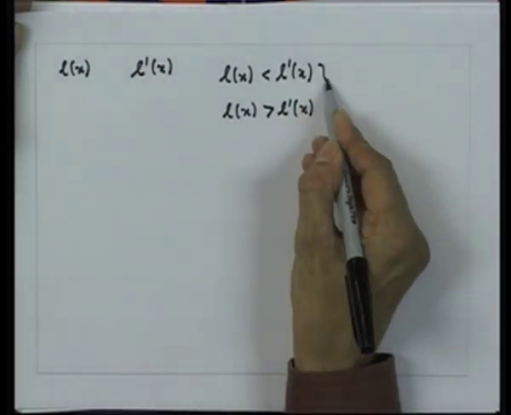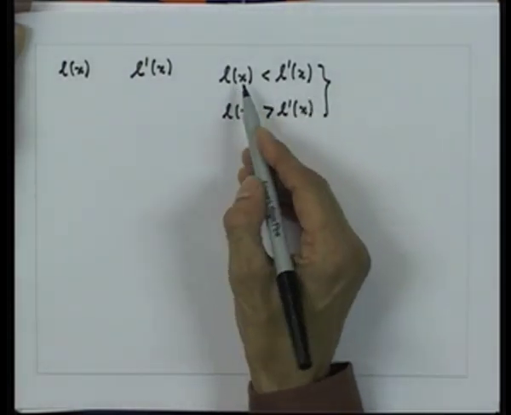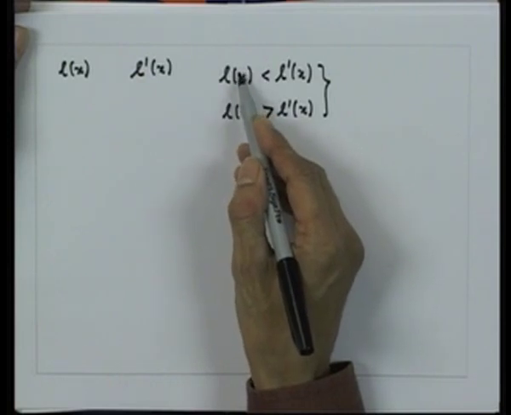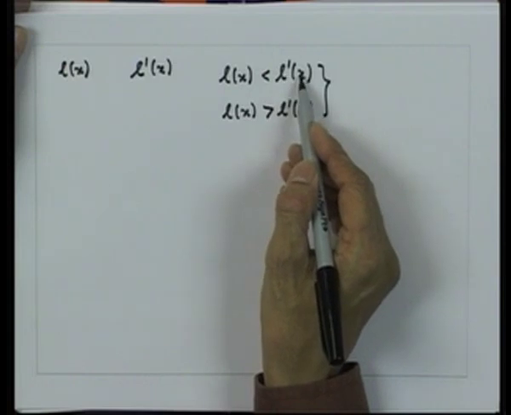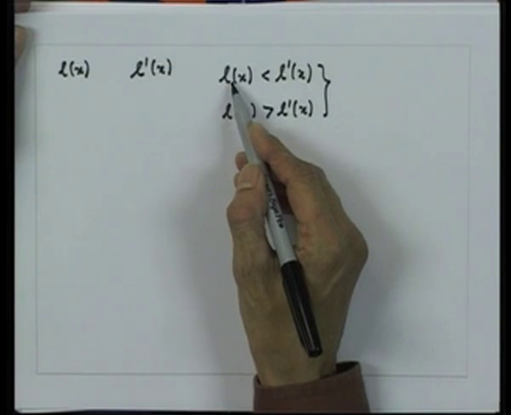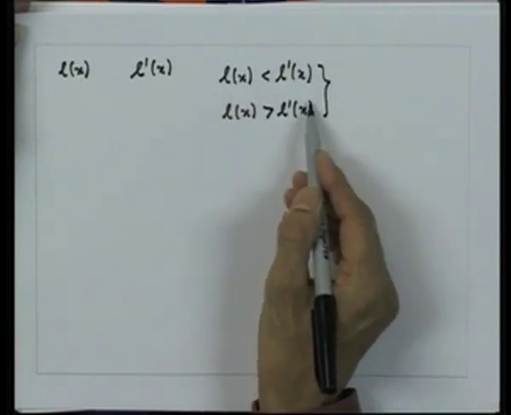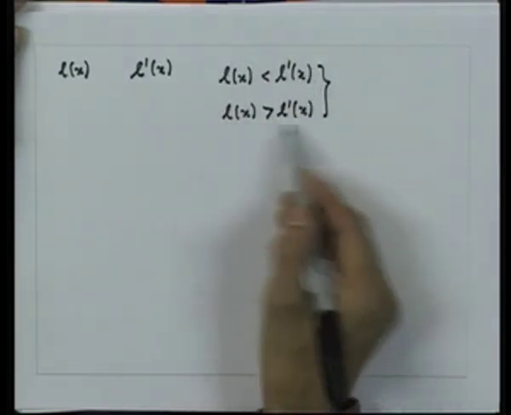So, this is something which is desirable, that Lx, which pertains to the Shannon code, is less than L dash x, which pertains to any other uniquely decodable code. This should happen more often than this. So, that means the probability of this should be more than this.